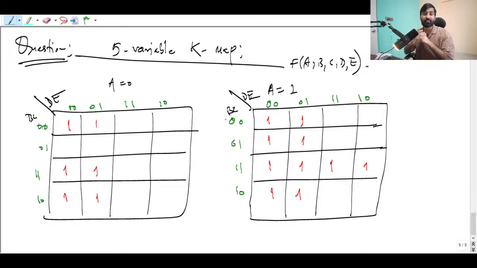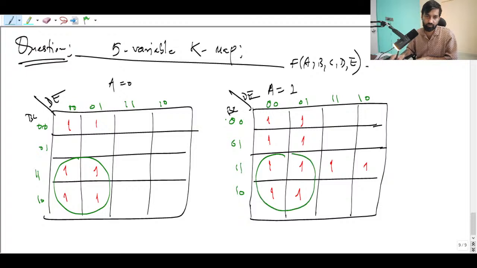What I suggested is, whenever you want to combine ones while minimizing the Boolean function, you have to go for the largest group. You can always try for an octet or a quad, this kind of group. Okay, if you see, you can take this group of 4 here, and you can also take these 4.